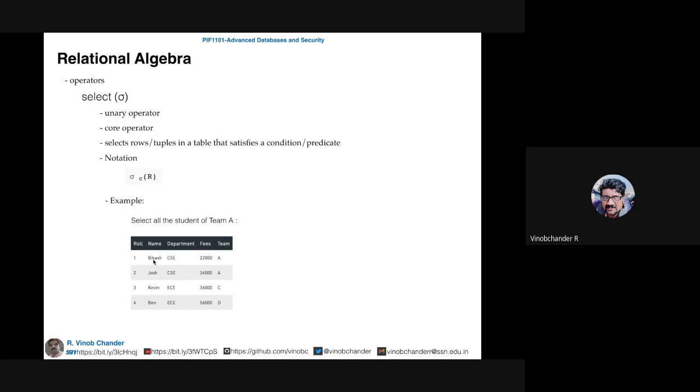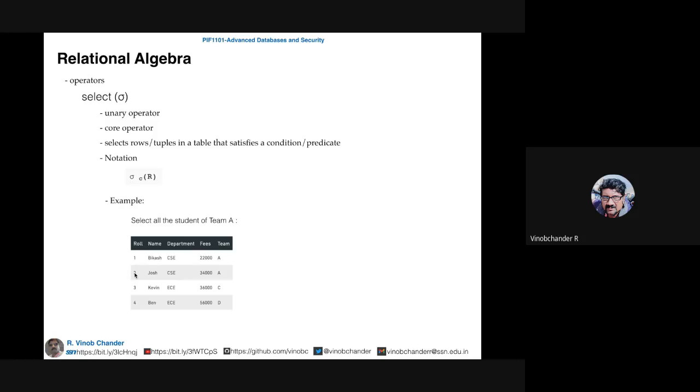As we can see in this table, we have two students from team A. So we need this student and this student, and we can use the select operator to retrieve this row and this row.